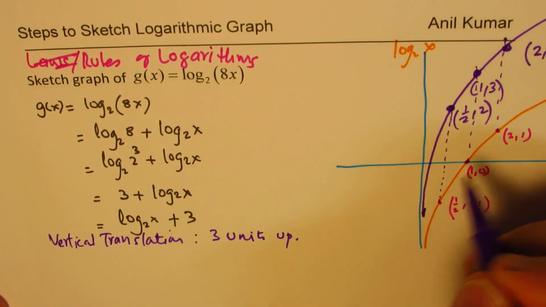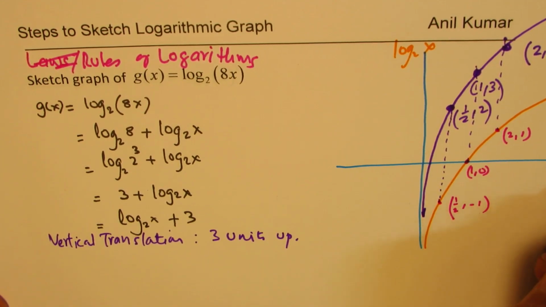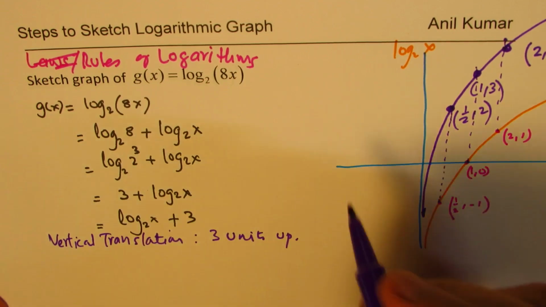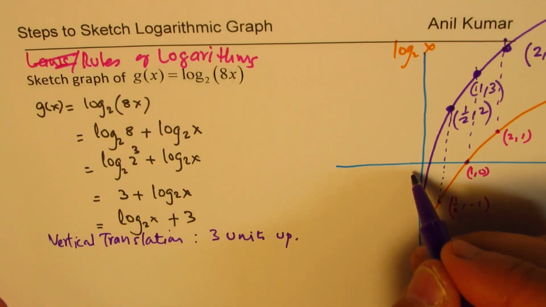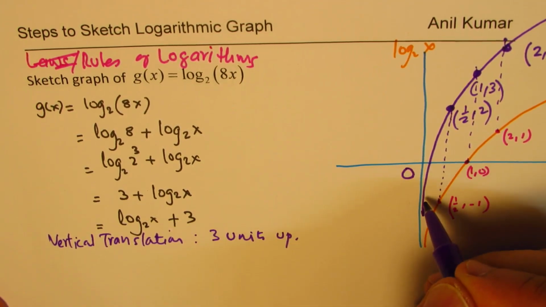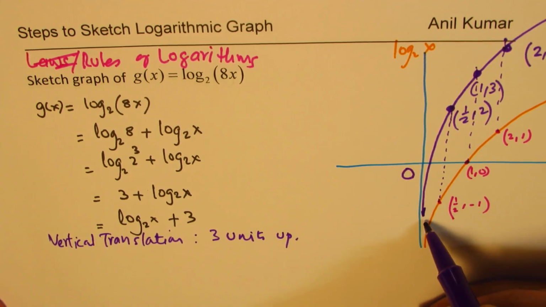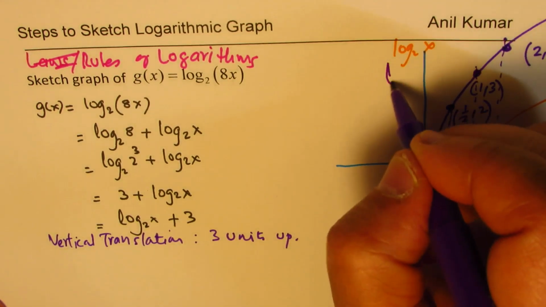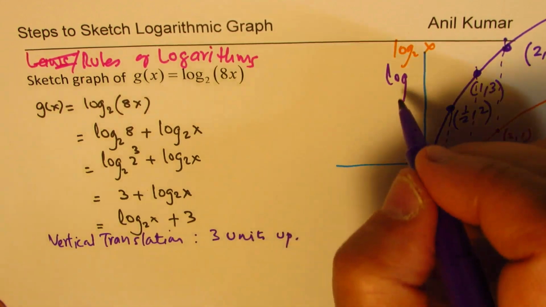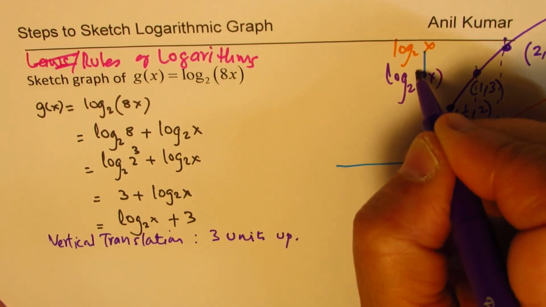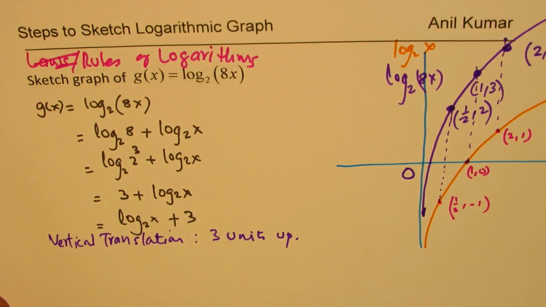And it is approaching infinity as x approaches infinity. And when you approach 0 plus, right, this is 0. You have to approach 0 plus to get a value which is negative infinity. Does it make sense? So we have sketched the graph of log to the base 2 of 8x. Is that clear to you? Correct?